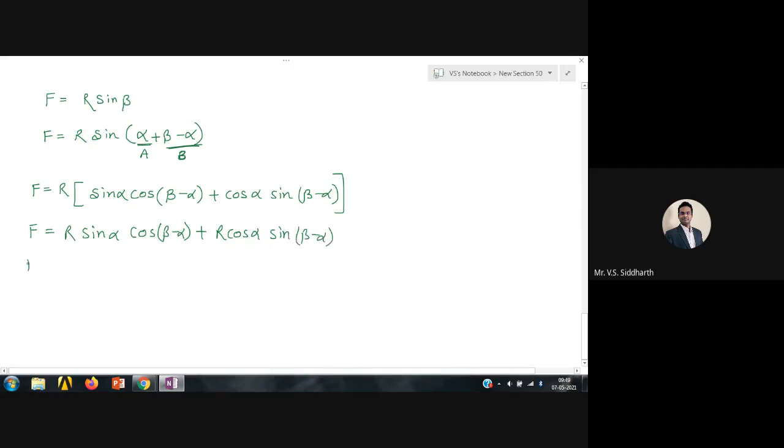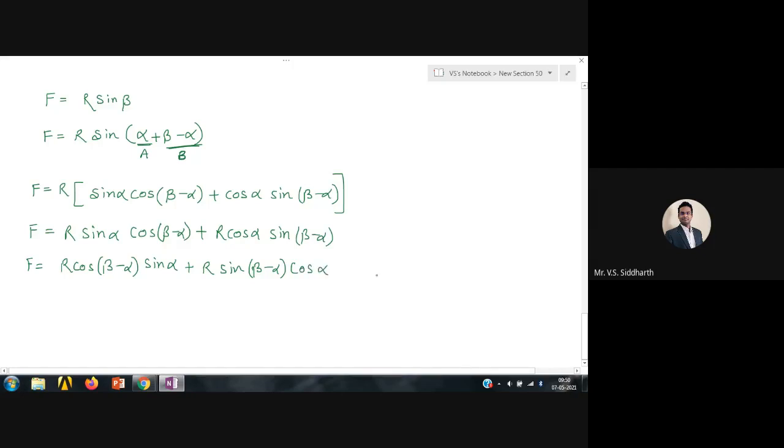I will rearrange the terms. F equals to R cos beta minus alpha sin alpha plus R sin beta minus alpha cos alpha.